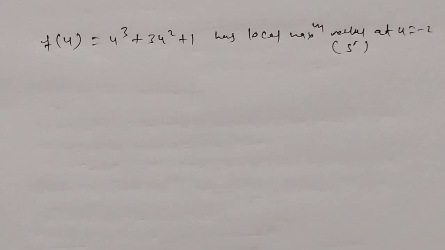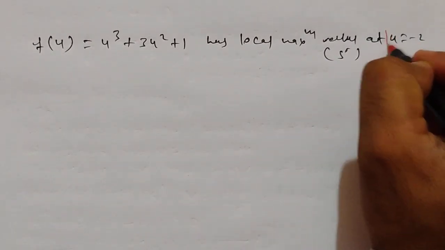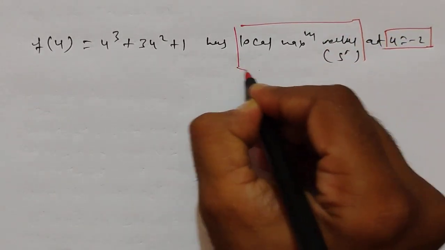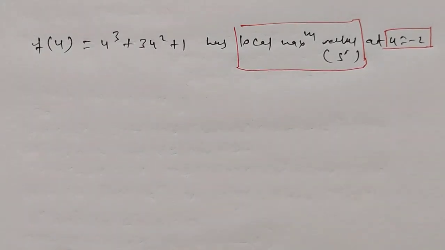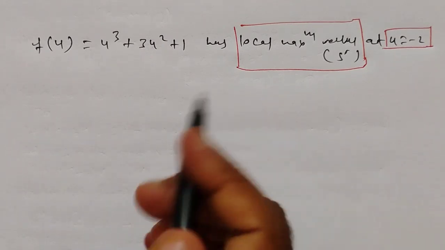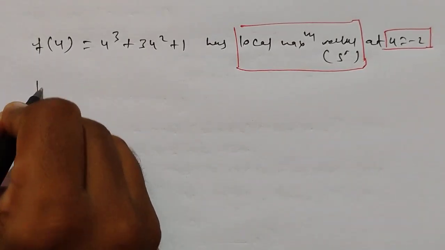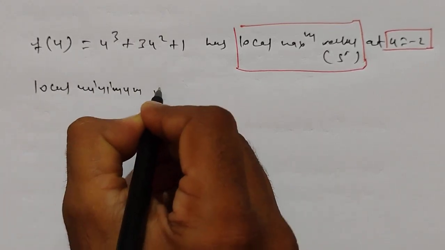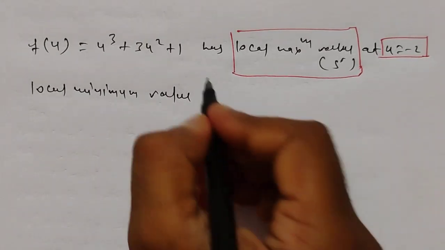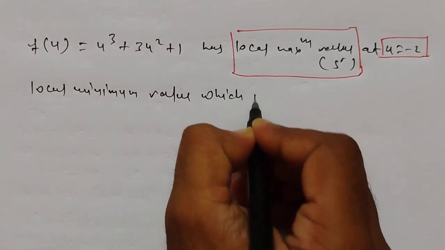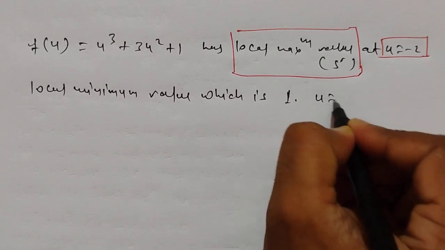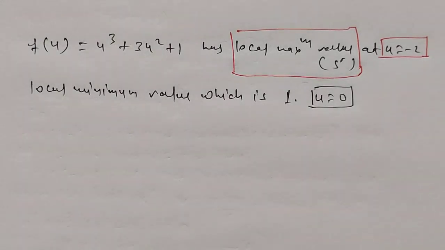So this is also an important point we have to mark here, that this is the local maximum value, and the local minimum value, which is 1, can be found at u is equal to 0.